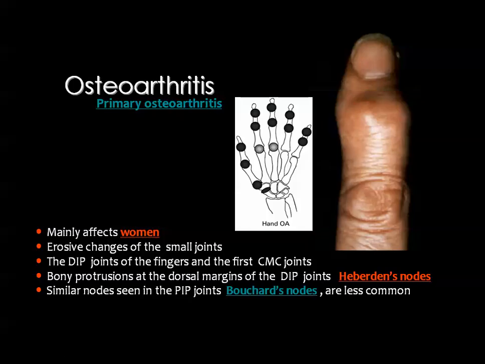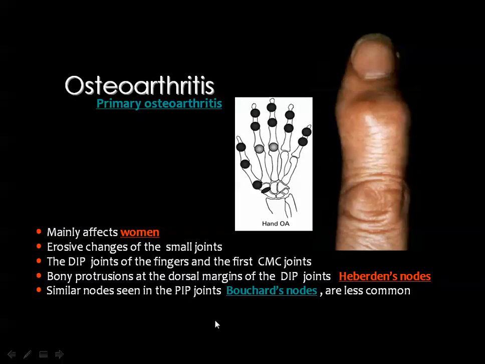Primary osteoarthritis is a degenerative disease occurring without an underlying joint pathology, and it is usually seen in women, this arthropathy or arthritis in the hand.